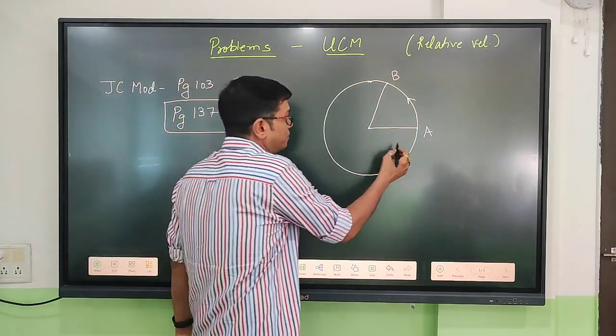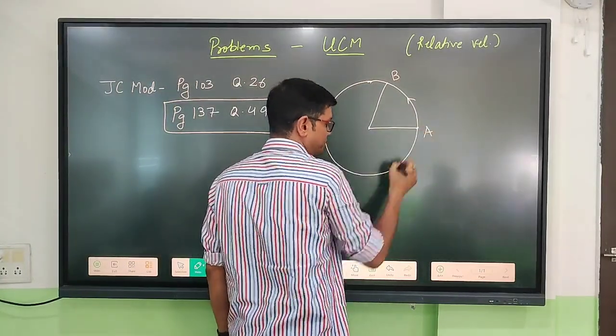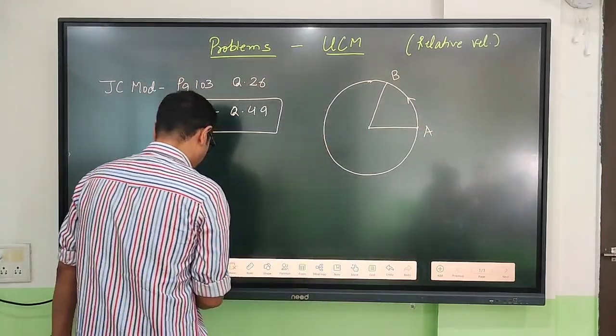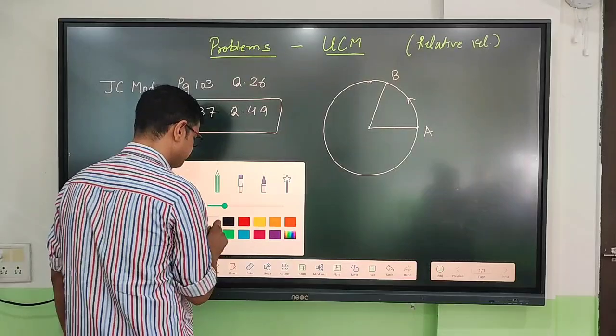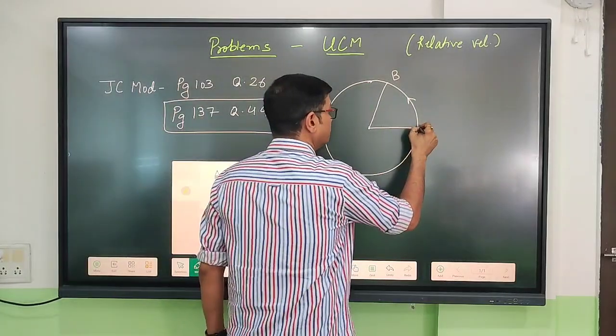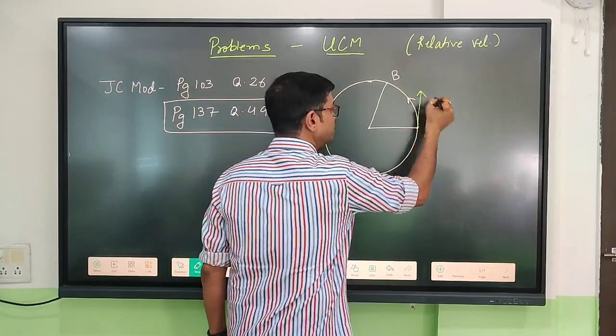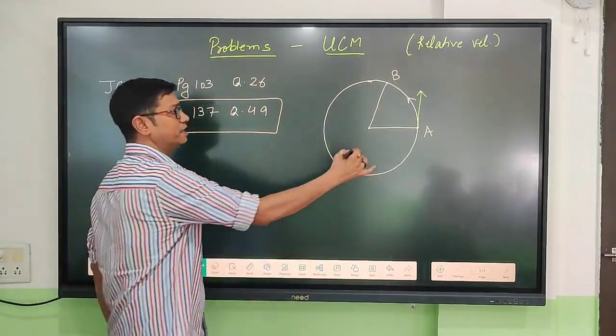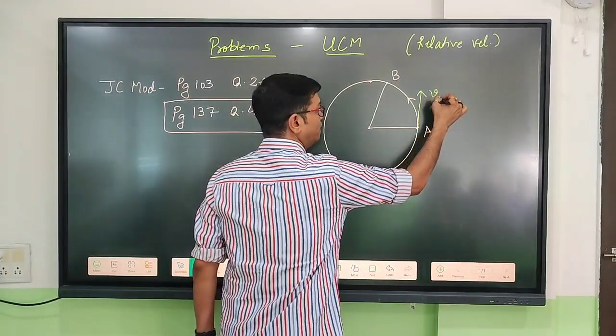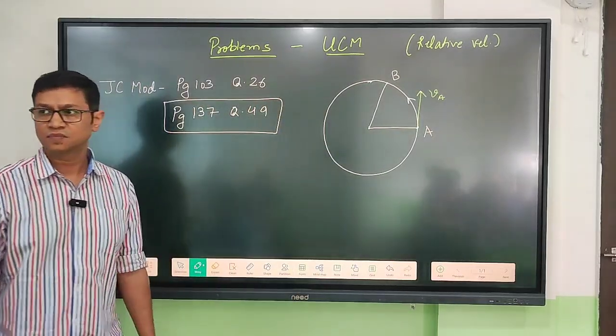So let's just draw some velocities here. Velocity at this point A would be tangential. Let's call it VA. Clear?